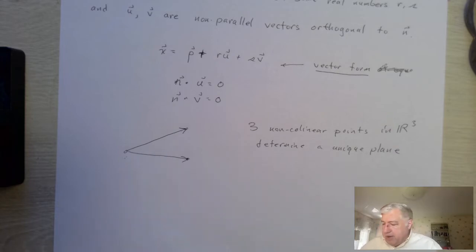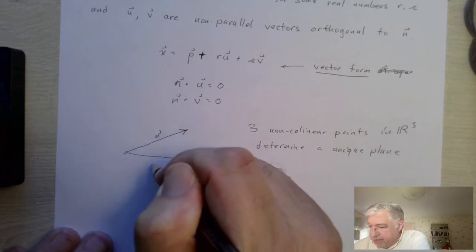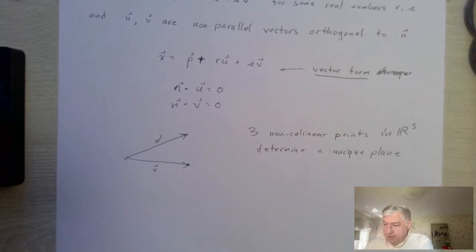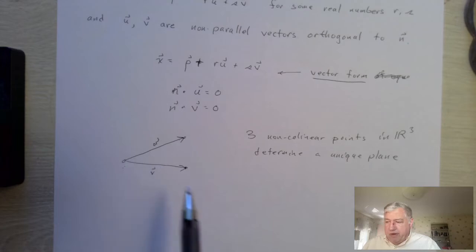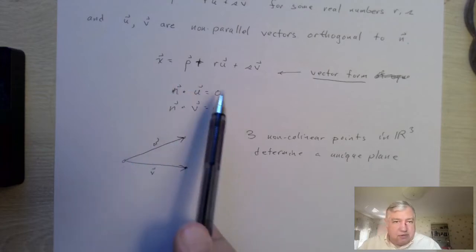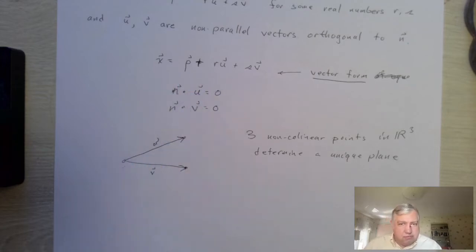We can let this be u and this be v, and then as long as we can find a normal vector that's orthogonal to both of these, we're in business. Now, those of you who have had multivariate calculus know that you can do this with determinants.